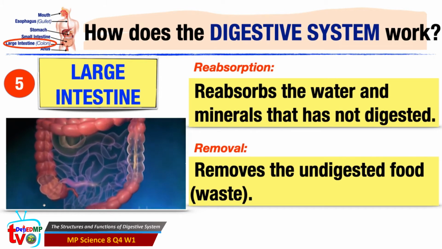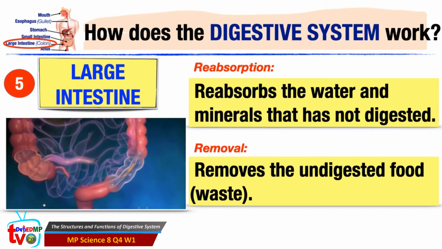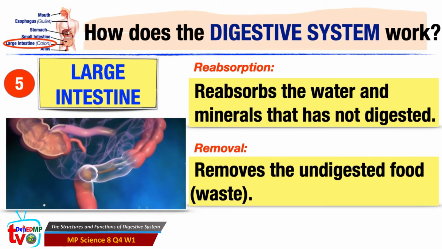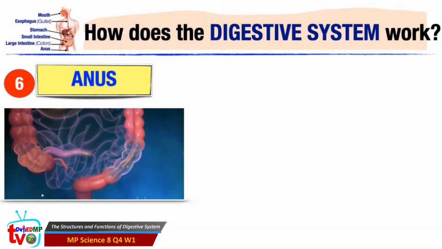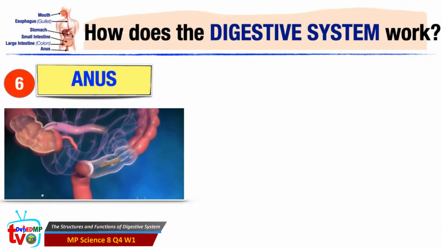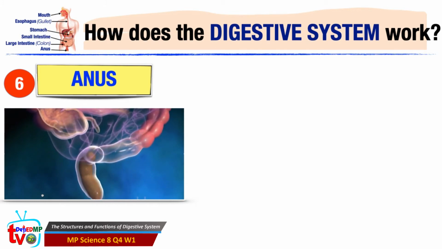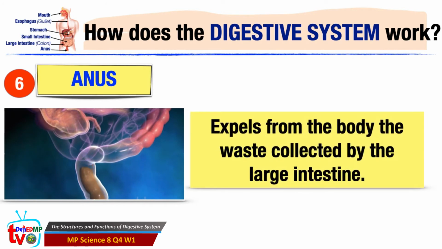This waste becomes more and more solid as it passes through the large intestine because the water is continuously being reabsorbed. Then the collected waste is stored in the rectum, which is the end part of the large intestine. When the brain signals, the waste will expel from the body through the anus.